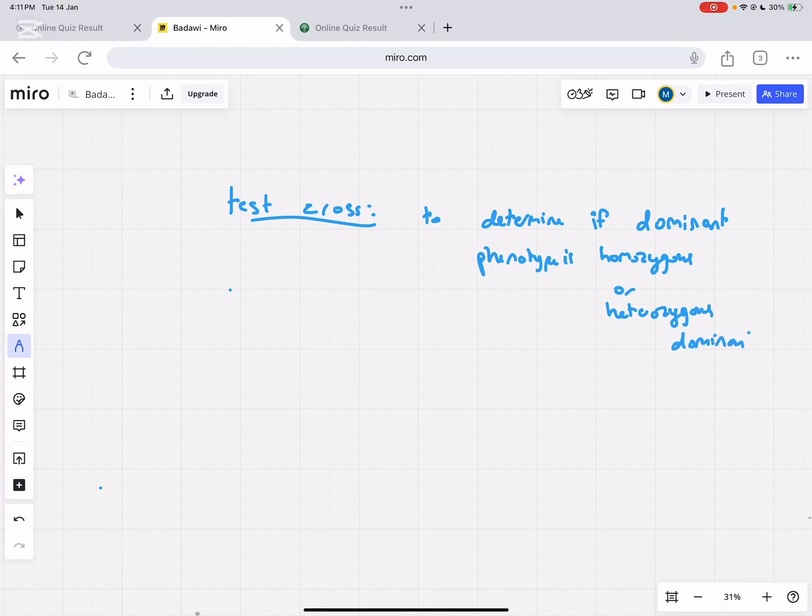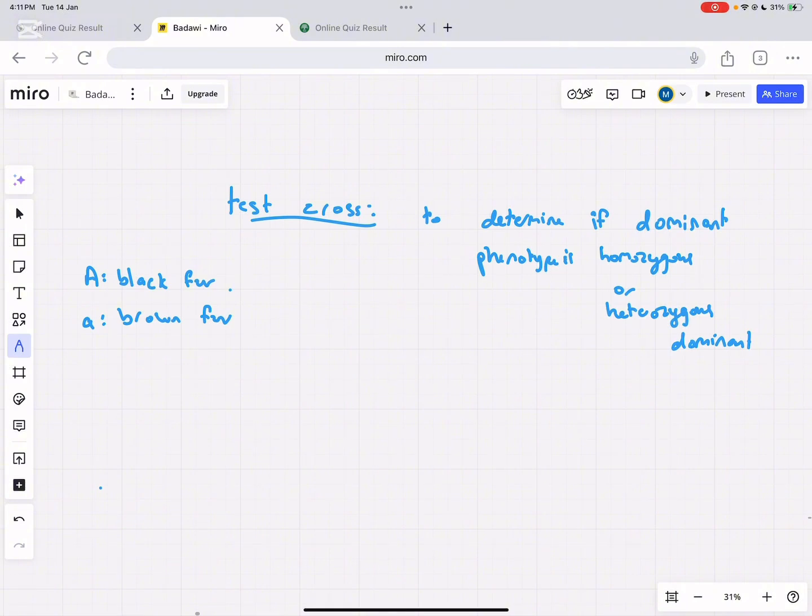Let me give you an example. Let's say we have a dominant phenotype: capital A is black fur, small a is brown fur.